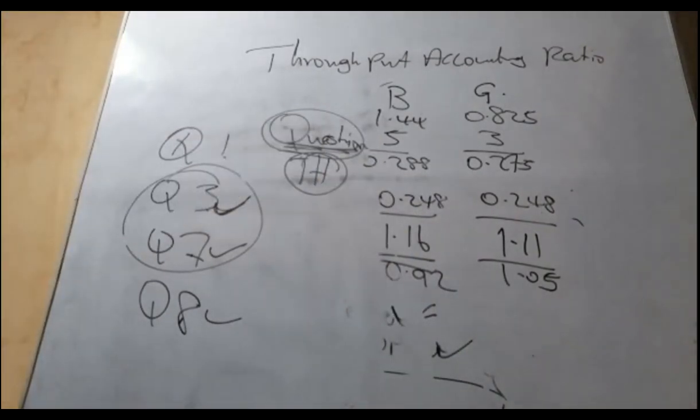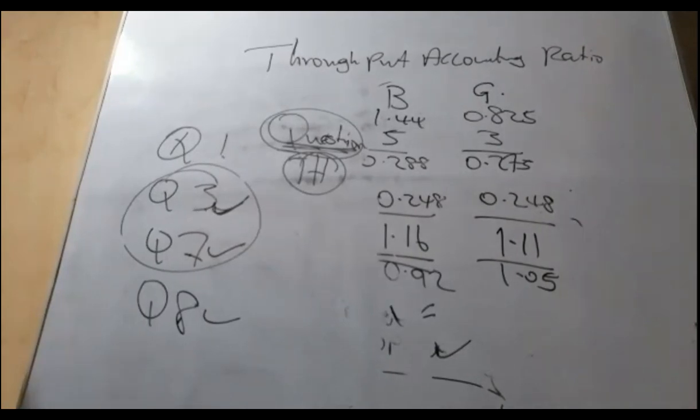Great. You have a question here: the importance of throughput. Any idea? To answer this question, we can use the assumptions of throughput. Throughput assumes that inventory is bad. Don't keep inventory.